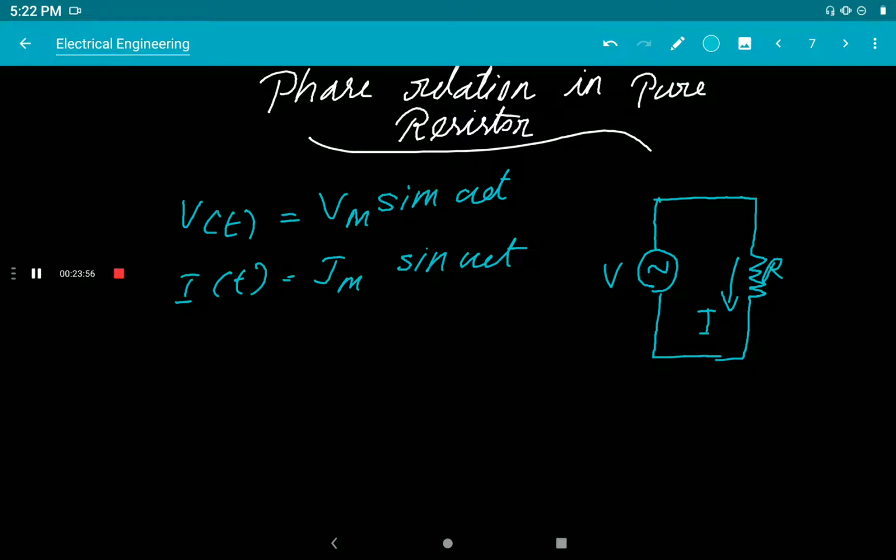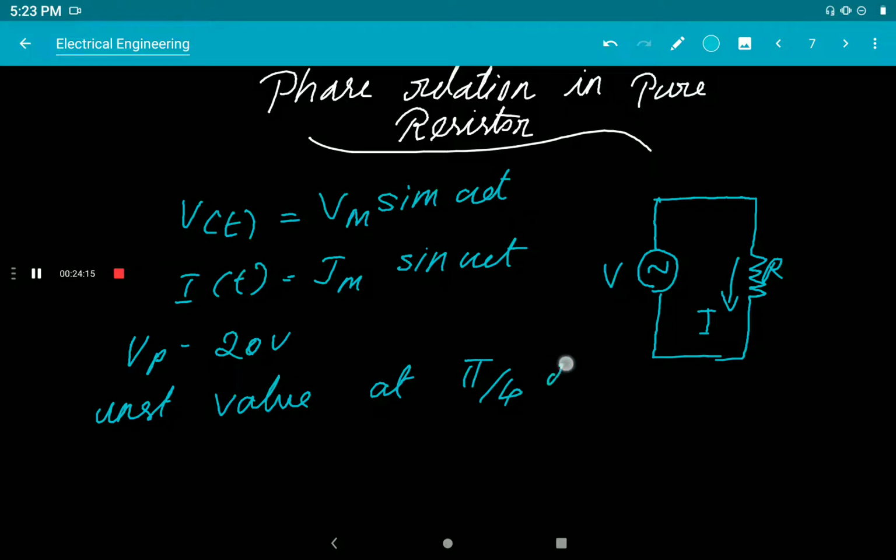Taking an example, take the peak value of this voltage, V peak, as 20 volt. So what will be the instantaneous value at pi by 4 radians? You can find it by V of t is equal to Vm sine omega t.